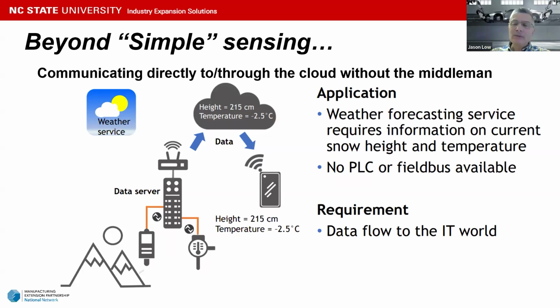So you see the antenna here on something that may look like a router, and then we also have basically a cell phone. Maybe it has an app on it. So this is another mode, if you will, that we can use these devices. And again, there is no control system in here necessarily. So we're bypassing a level of control to get information in another place that we need it.